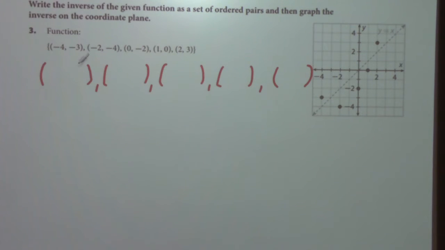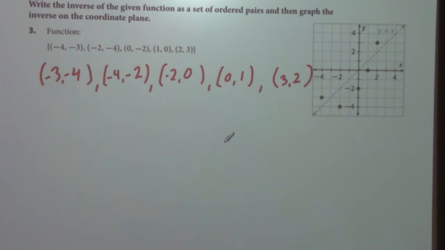One of the characteristics of inverses is what? X's become Y's and Y's become X's, right? So here we'd have -3, -4, -4, -2, -2, comma 0, 0, comma 1, and 3, comma 2.